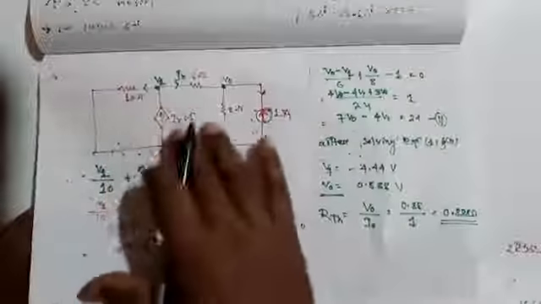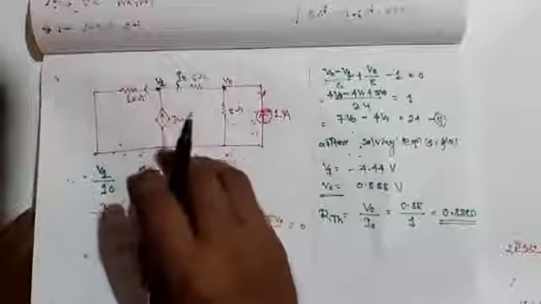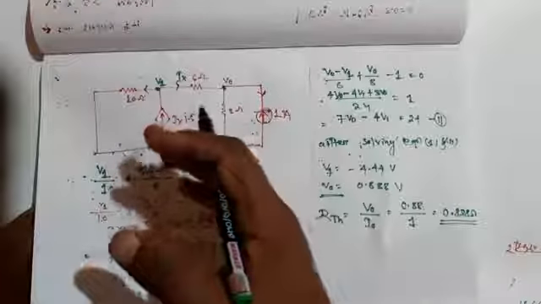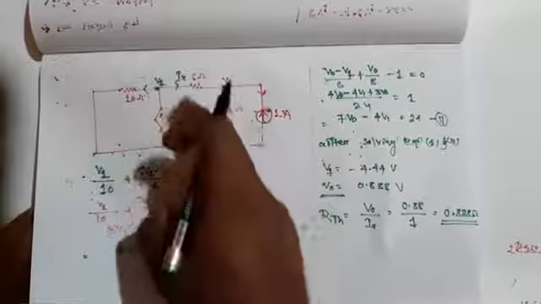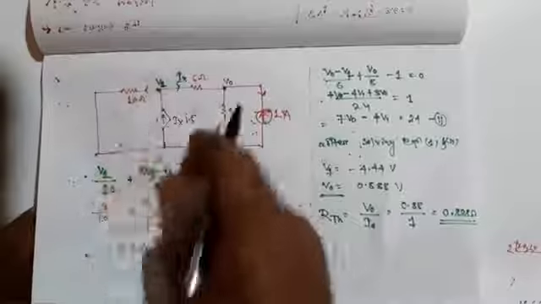Here is one difference: if a dependent source is present, there is another approach to find the Thevenin's resistance, which is so much different.